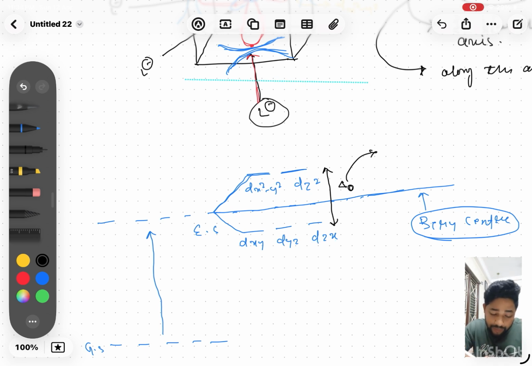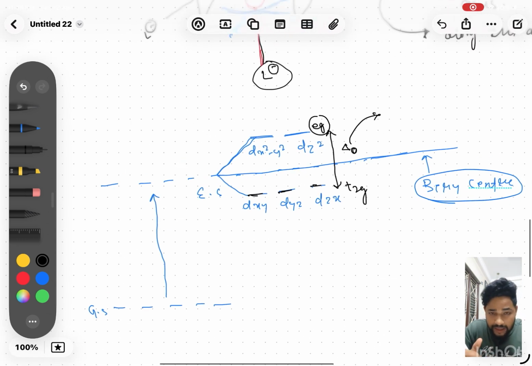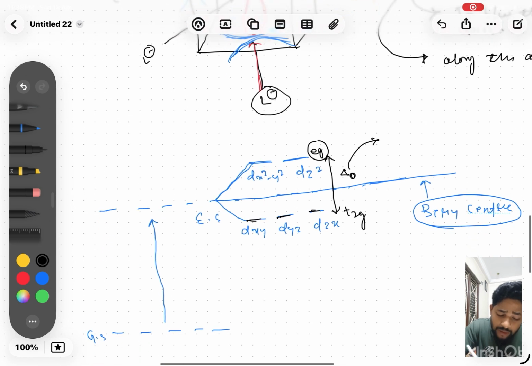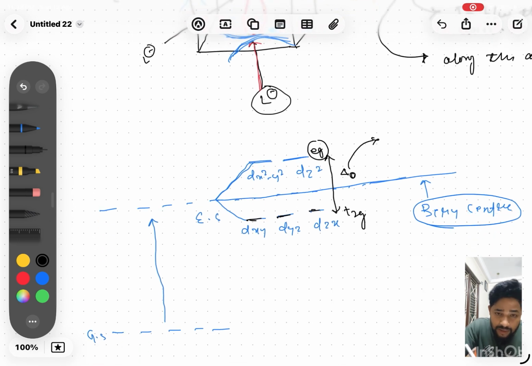Now see, these three orbitals are known as t2g, and these two are known as eg. That means the d orbitals split into two energy levels, one is t2g, another is eg. Okay, so these two orbitals are raised by three parts of the total energy.